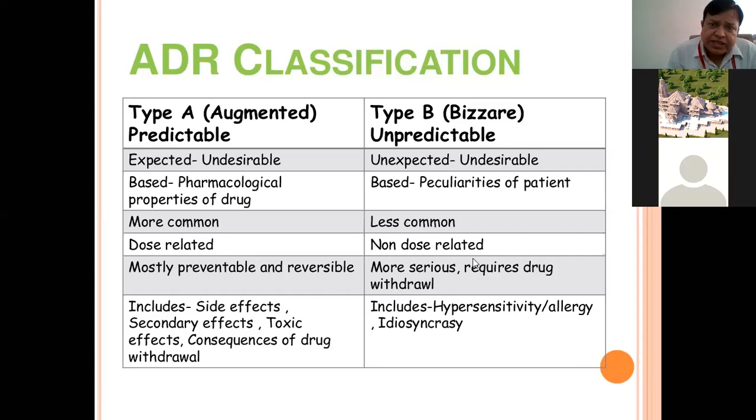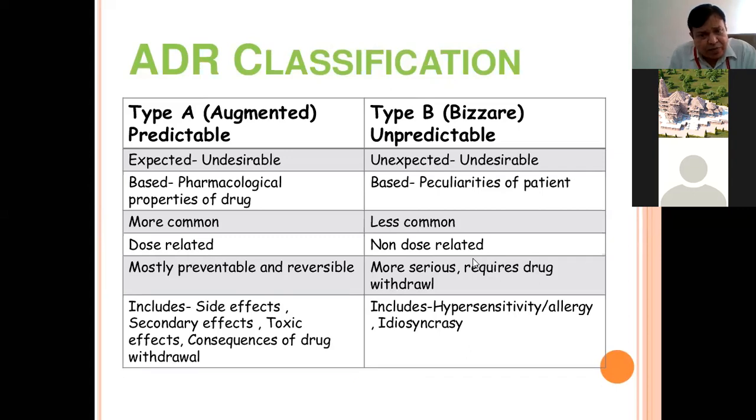Now type B, that is bizarre, unpredictable. Here we get an unexpected, undesirable response based on particularities of the patient; it differs from person to person. Some persons are sensitive or some persons are resistant to particular drugs. It is less common, non-dose related, and more serious. It requires drug withdrawal.